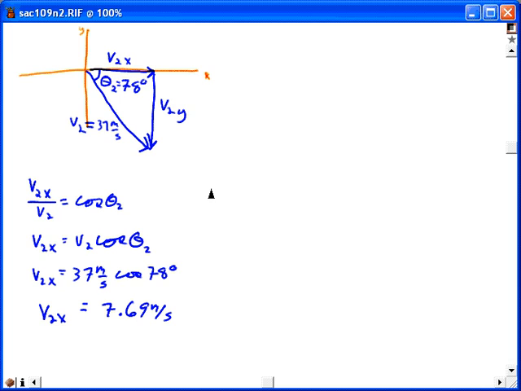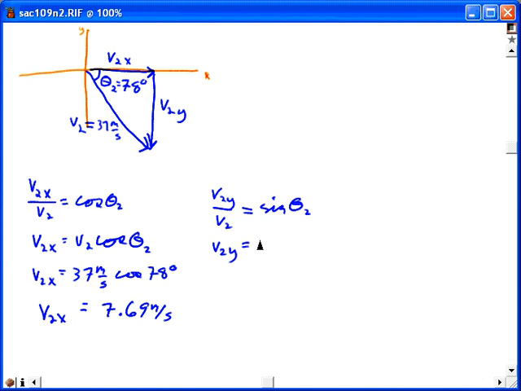Let's work on V2y. The formula involving V2y is V2y over V2, which, with respect to this angle theta 2, is opposite over hypotenuse, and that's the sine of the angle, which is theta 2 in this case.